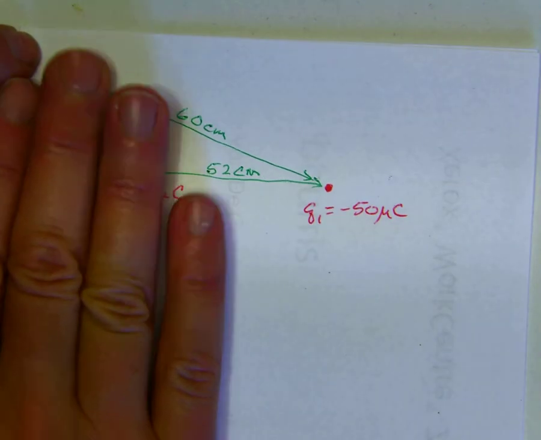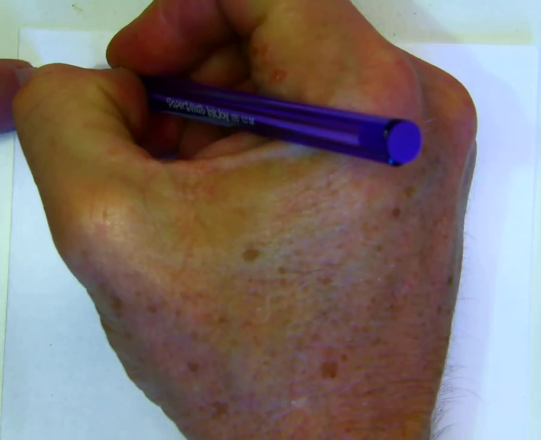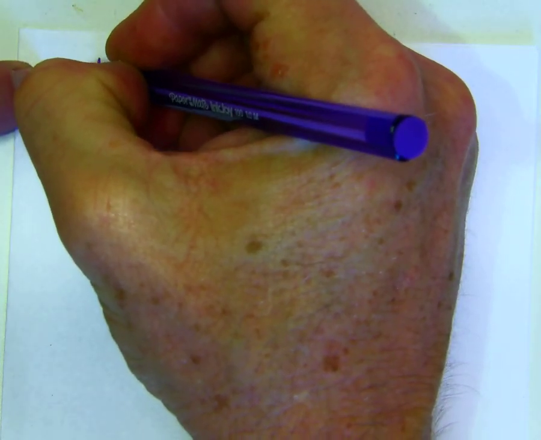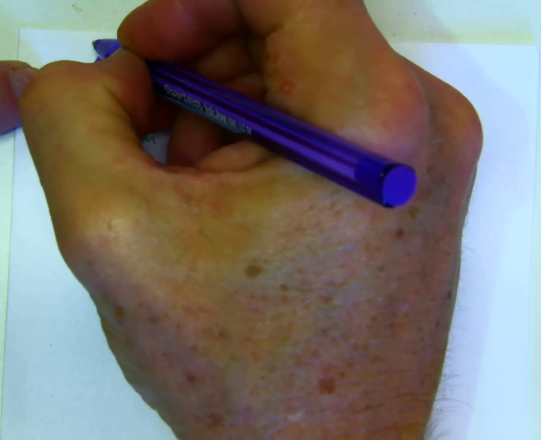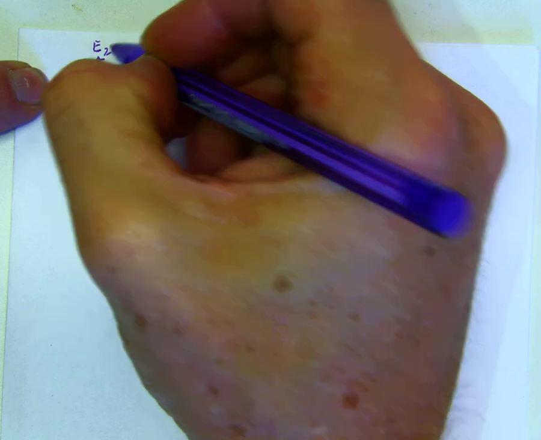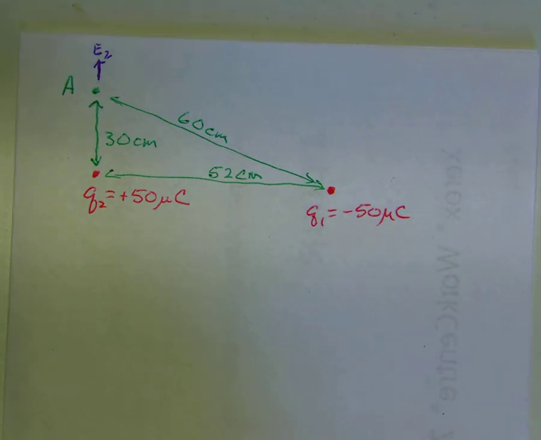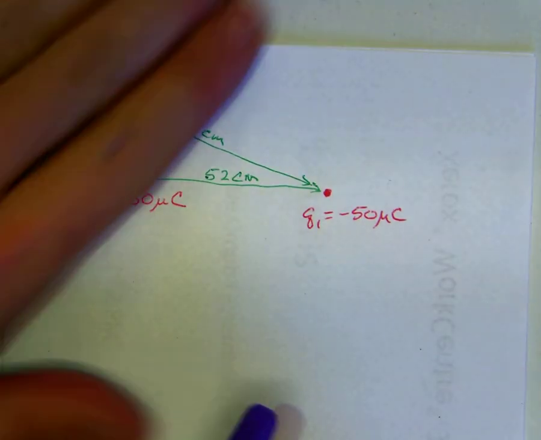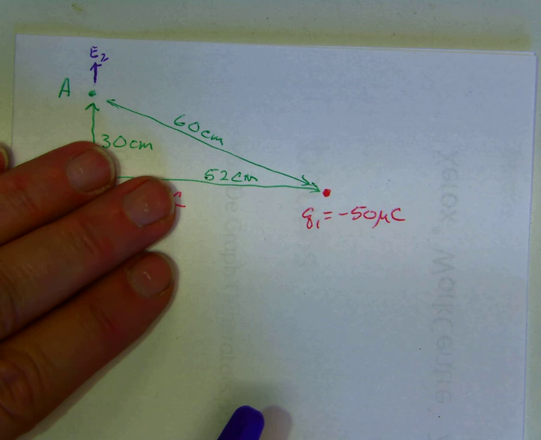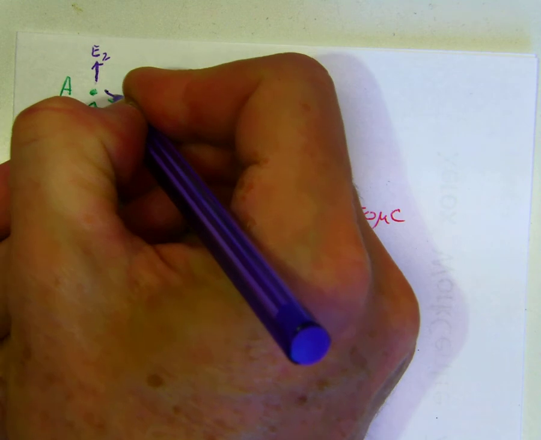I'm going to put it in purple here for the electric field due to 2. It would be going up. If we didn't have charge 2, it would be straight towards charge 1, so that way.